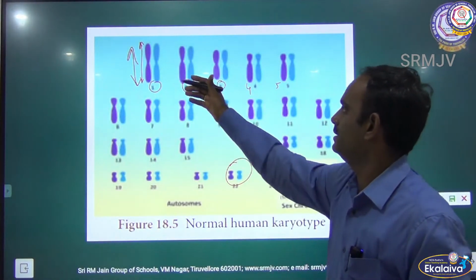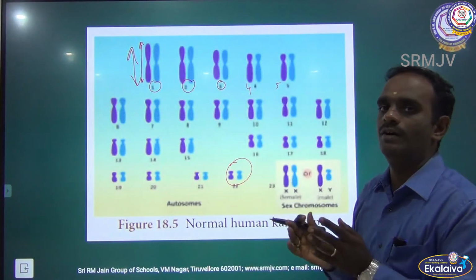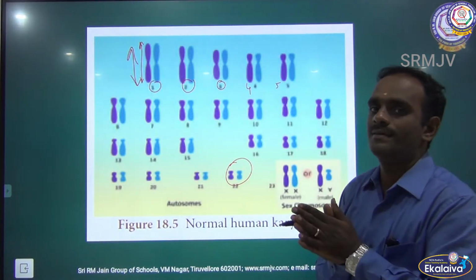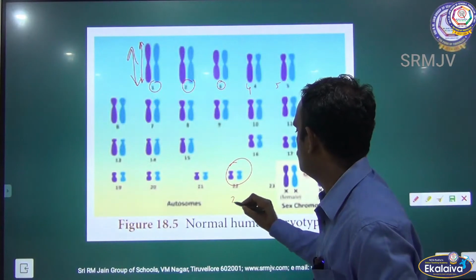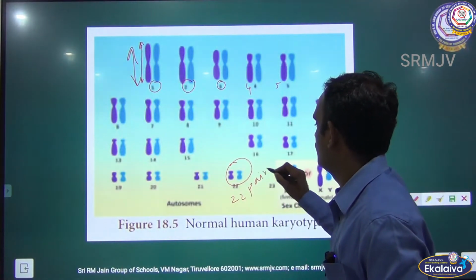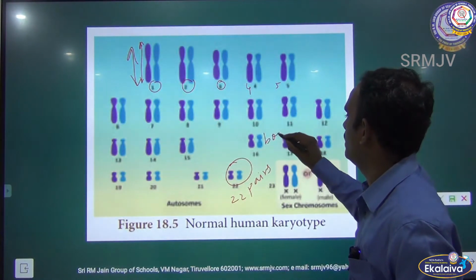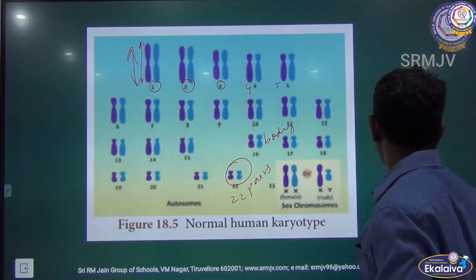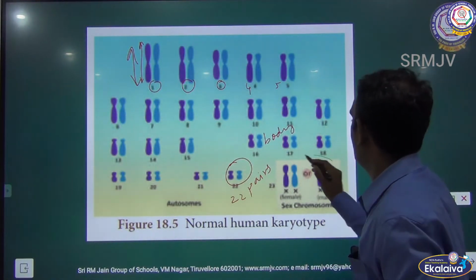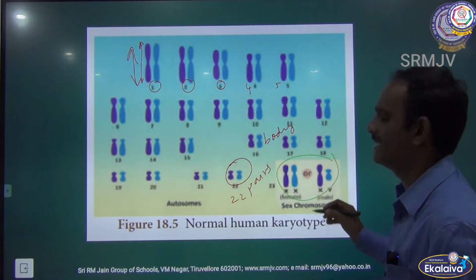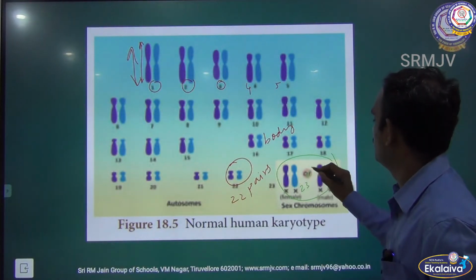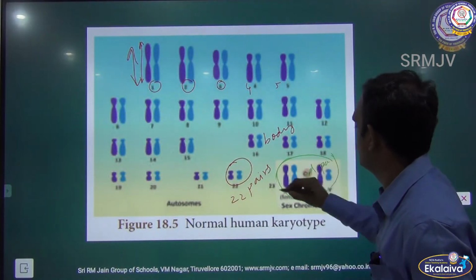See the picture here, all the chromosomes occur in pairs. Pairs 1 to 22 are the body chromosomes. The last pair, the 23rd pair, is the sex chromosome.